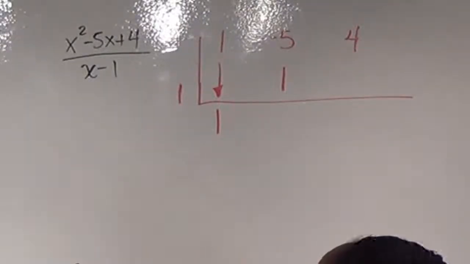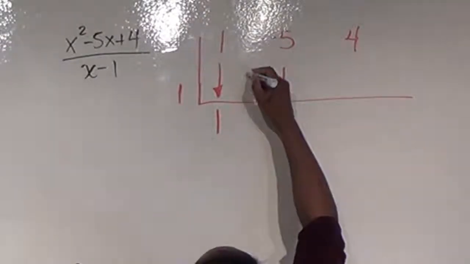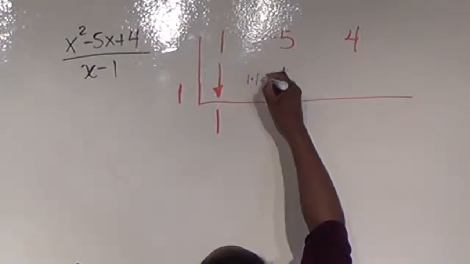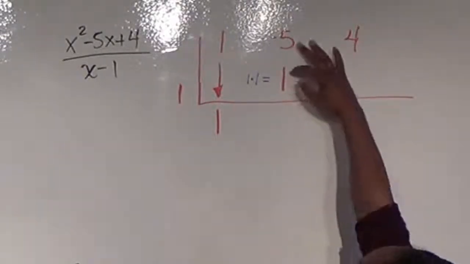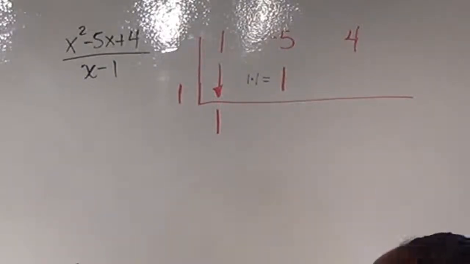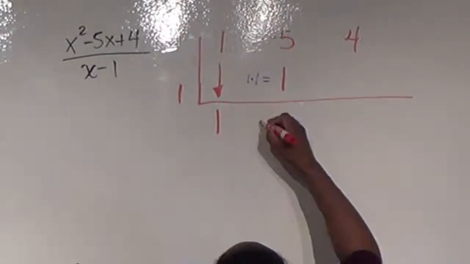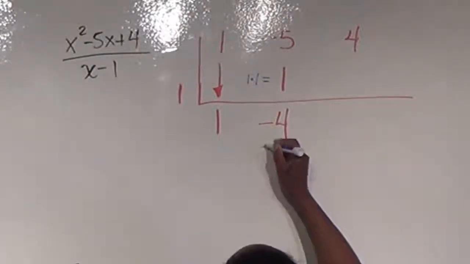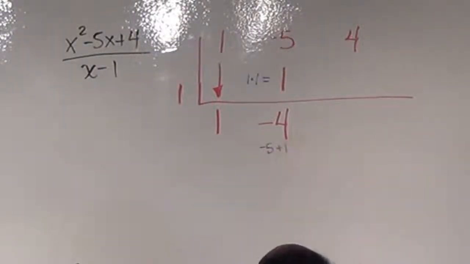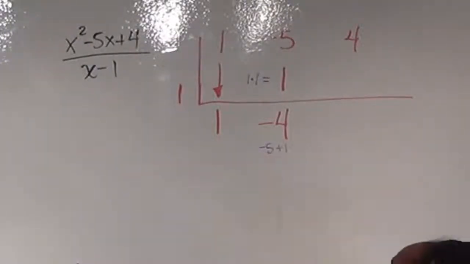So in purple here, I'm going to write out the step. I took the 1 times the 1 to get that term. From there, I'm going to add to get the remainder piece. So this came from the negative 5 plus 1, and that gave me the negative 4. Again, same thing.